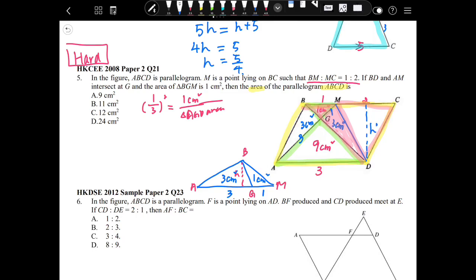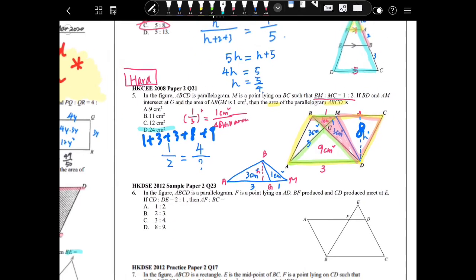If this one is a 1 to 2 ratio, then it means 4 to something. So that means 8, and this whole area would be 8. At the end, you can add them all up: 1 plus 3 plus 3 plus 8 plus 9. Then the final answer is D.